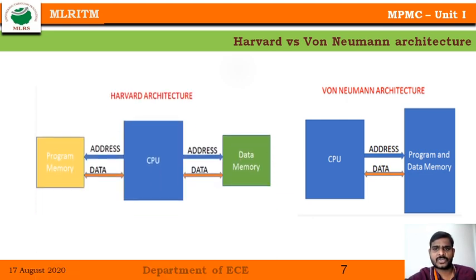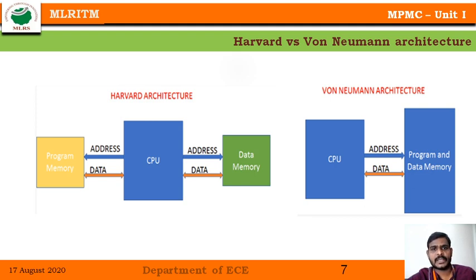In Harvard architecture, the memory is divided into separate memories. For example, in the diagram you can see that Harvard architecture uses two separate memories for data as well as programs. An advantage of Von Neumann architecture is that a single address and data bus is sufficient to transmit program or data.